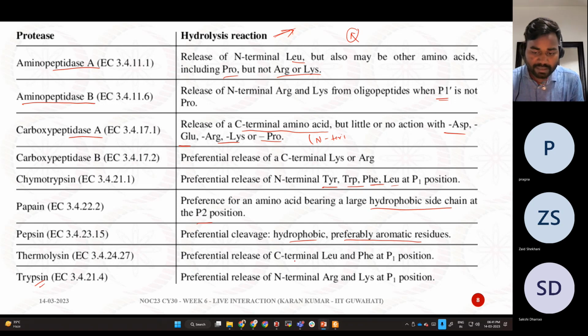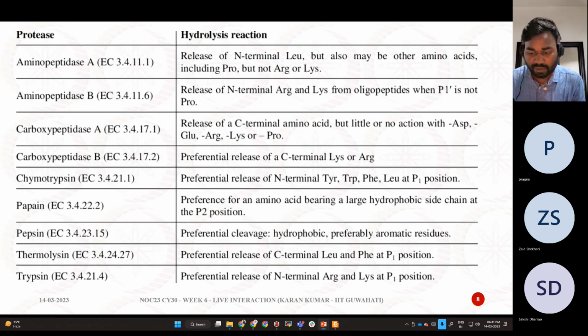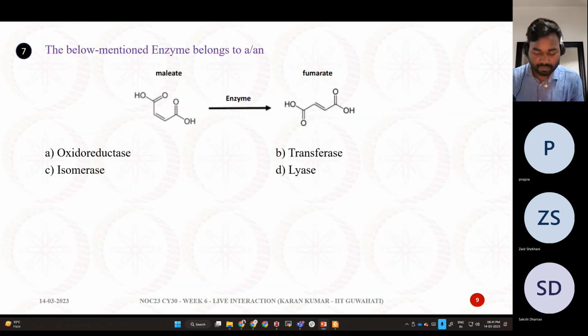Thermolysin releases the C terminal, which means it will cut at the N terminal of leucine, phenylalanine at the P1 position. Trypsin preferentially cleaves at the C terminal of arginine and lysine, except when proline is next to any of these basic amino acid residues.